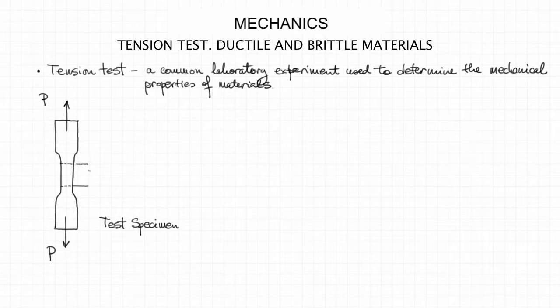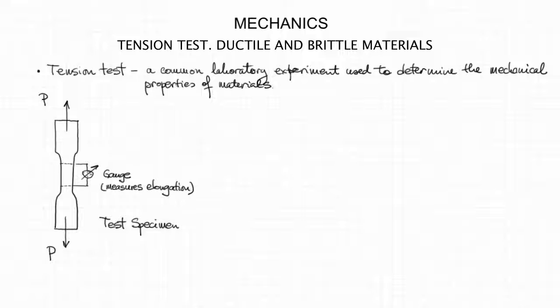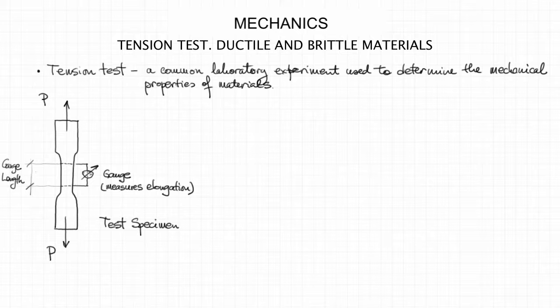Now the machine will measure the applied force, so we can have a record of that, but we also need to know the elongation of the specimen. This is done by attaching a special gauge that can measure very precisely very small, minute elongations. The gauge is attached to the specimen before loading begins, over a special length called the gauge length.